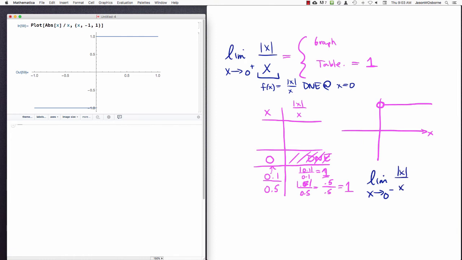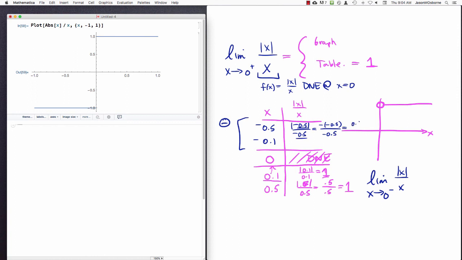Let's create a table of values. How about negative 0.5 and negative 0.1? We're to the left of 0. So the absolute value of negative 0.5 over negative 0.5. Since negative 0.5 is negative, the absolute value says that's positive 0.5, and the denominator is already negative.